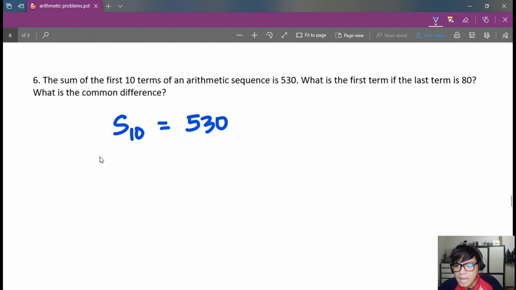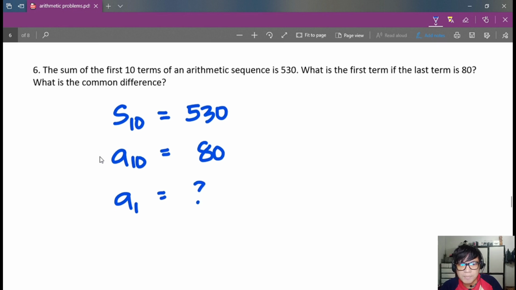Tapos, ang last term natin, our last term, which is A sub 10, is 80. So, ang hinahanap natin yung first term. We're looking for the first term and also the common difference.